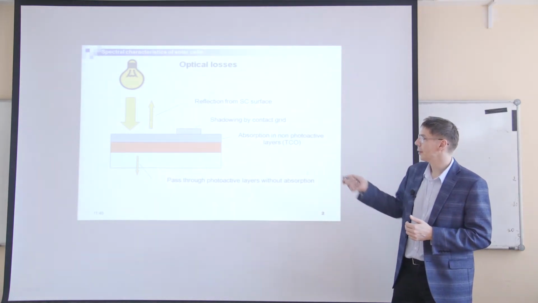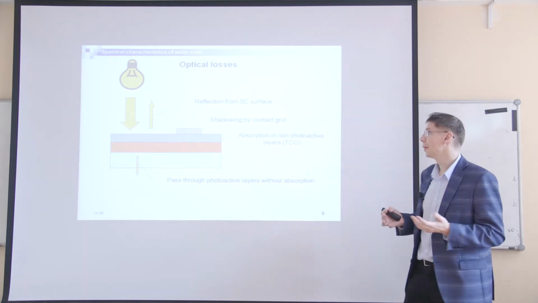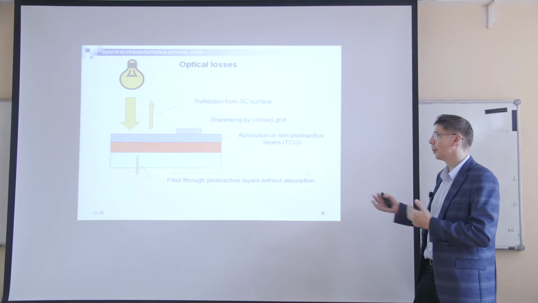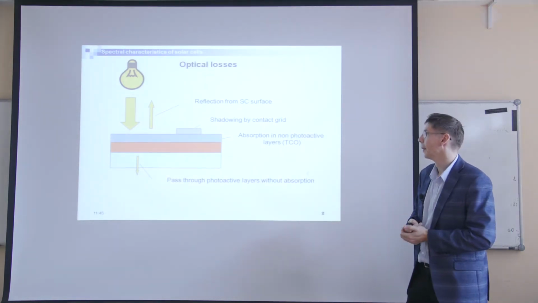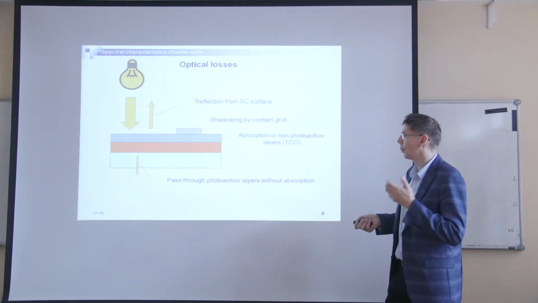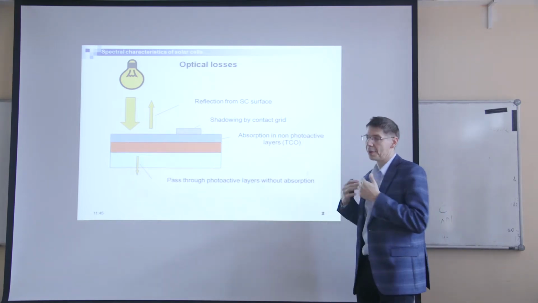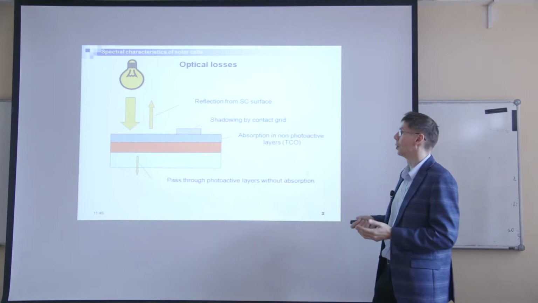We need the TCO layer, which normally should be transparent, so we should have no absorption losses, but in some part of the spectrum you can get some absorption, so you have to take it into account. And some part of light could cross through the structure without absorption, so it's also a kind of optical loss.